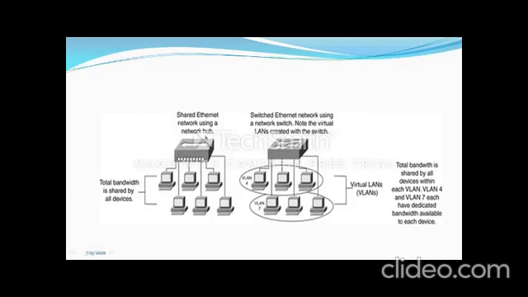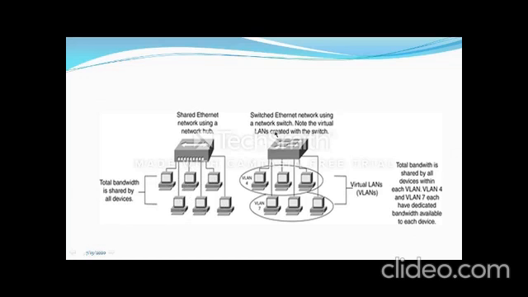Shared Ethernet network using a hub. This is a hub. These are different systems connected. This is the total bandwidth shared by all devices. The entire bandwidth is shared by all devices through the hub.